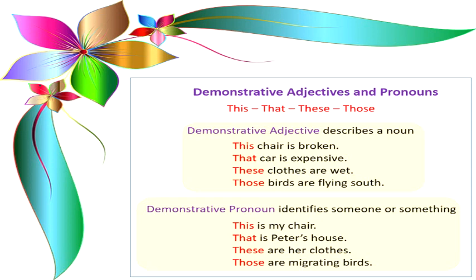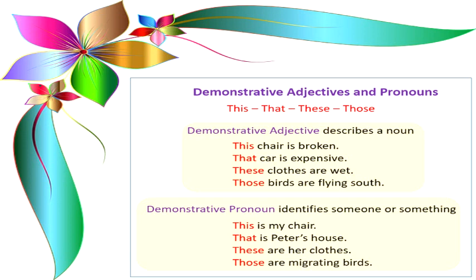A demonstrative pronoun is that pronoun which identifies someone, and a noun is not used with it. This is my chair. That is Peter's house. These are her clothes. Those are migrating birds.